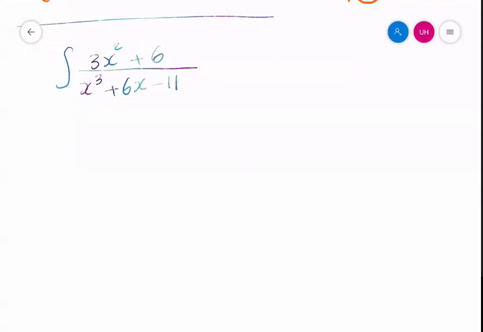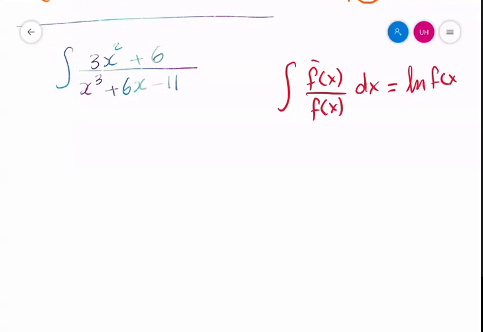First of all, think about the integral of f dash x over f of x dx equals ln f of x plus c. Try to think this way.